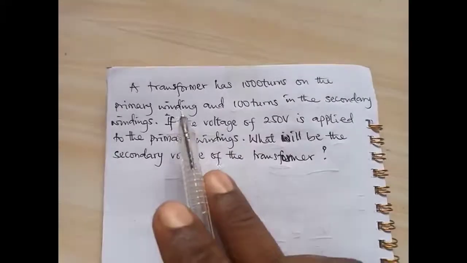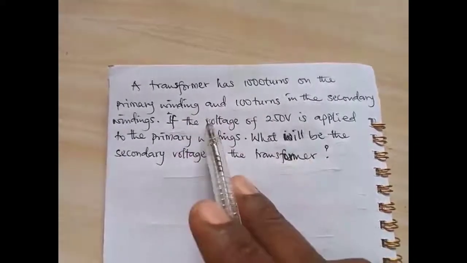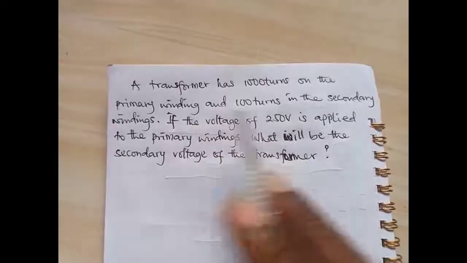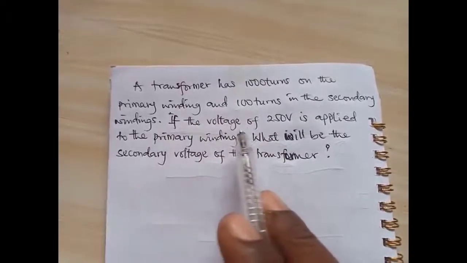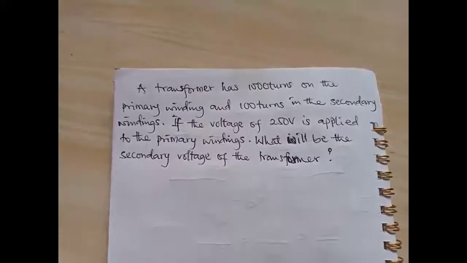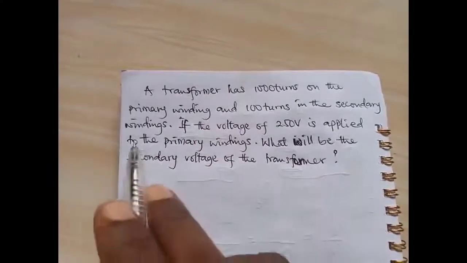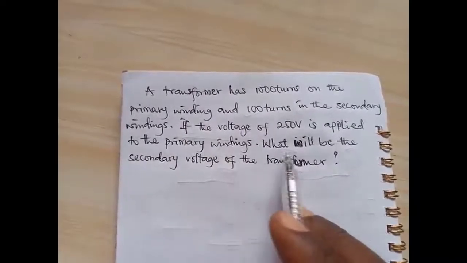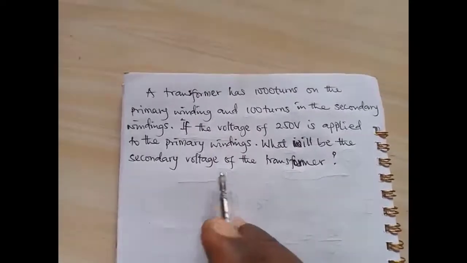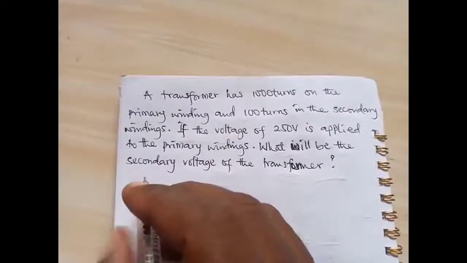This question says a transformer has 1000 turns on the primary windings and 100 turns in the secondary windings. If a voltage of 250 volts is applied to the primary windings, what will be the secondary voltage of the transformer? So let's break the question down.